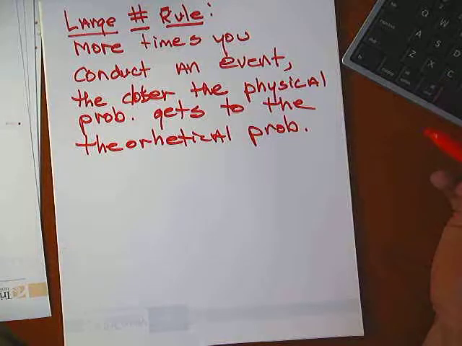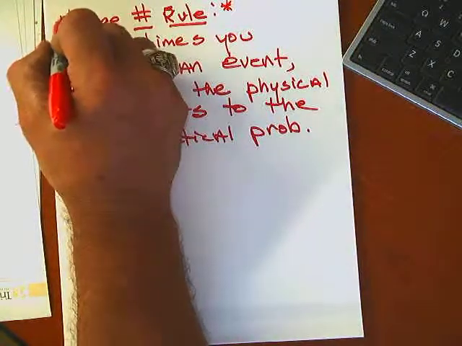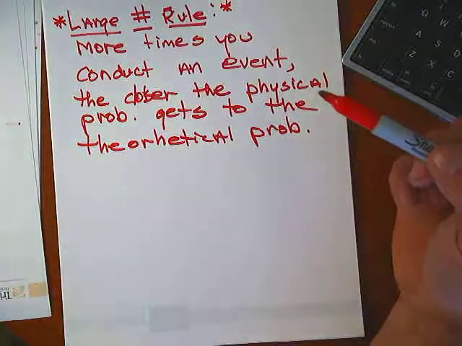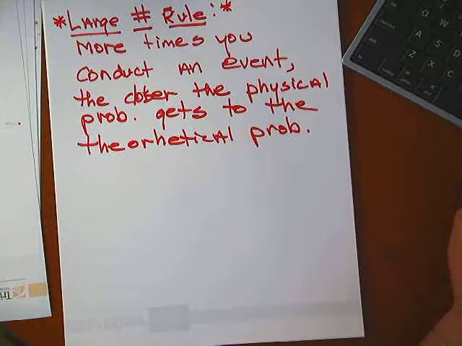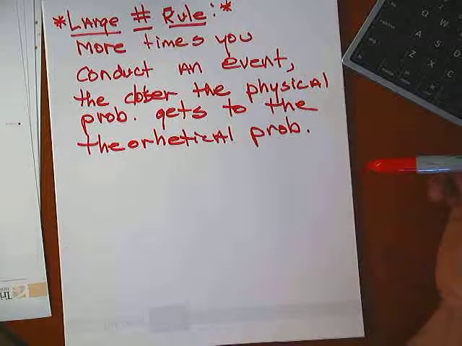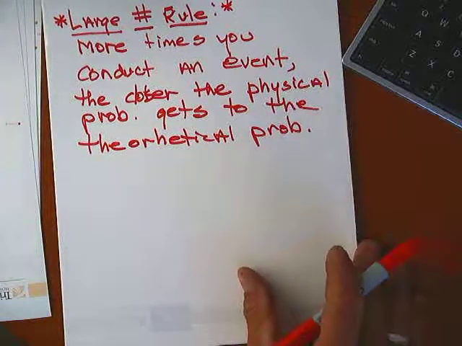You need to go out and interview 1,000 people. You don't need to go out and measure 6, I don't know, car spaces. You need to go out and measure 60. The large number rule basically says the more trials you do, the better, or the more valid, your probability is.